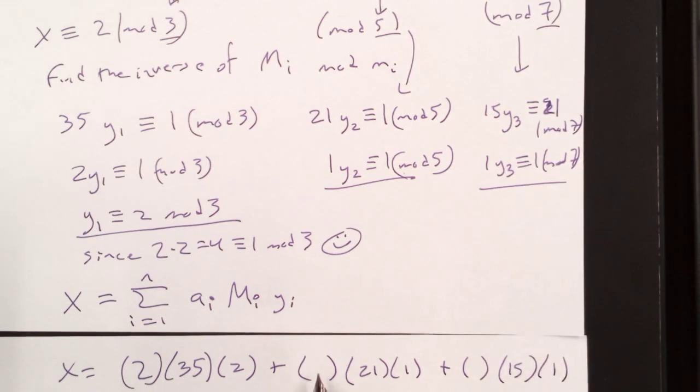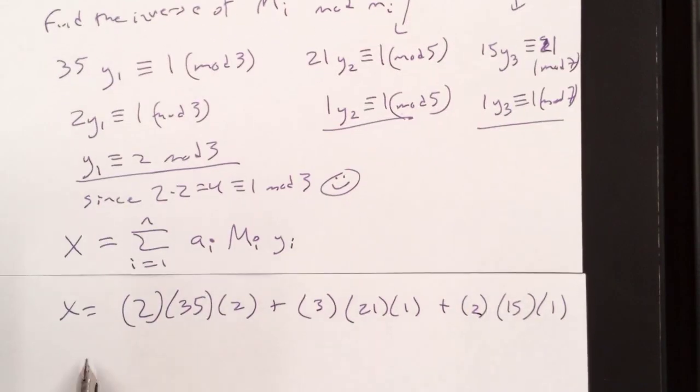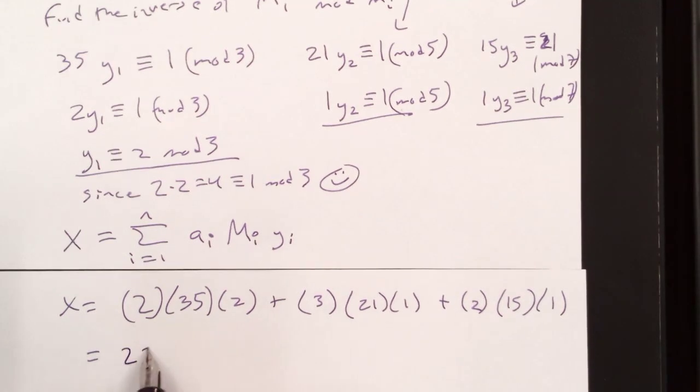What was the mod 5 part? And the mod 7 part? Multiply and add, people, give me a number. But that's a lot of eggs.